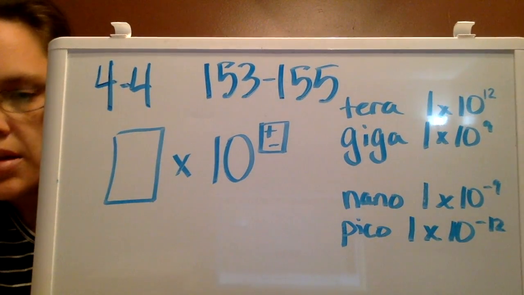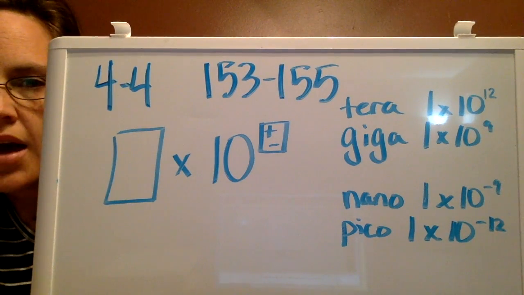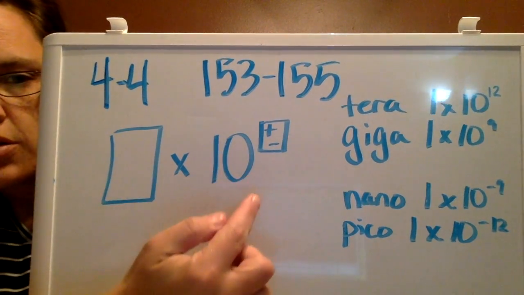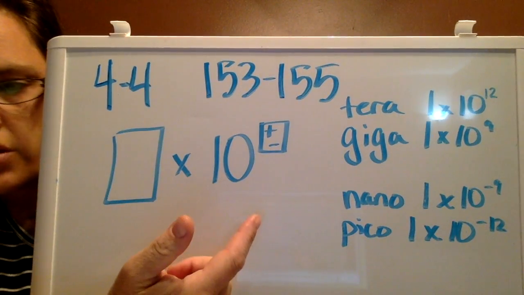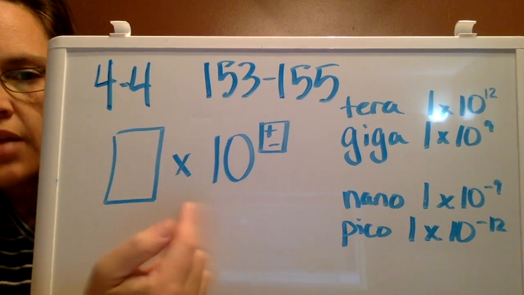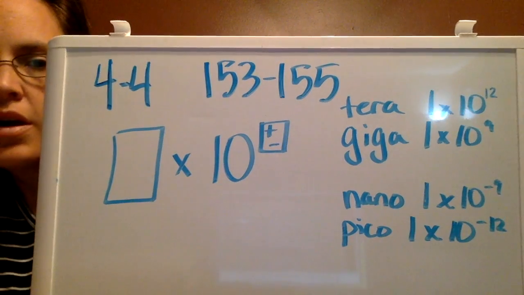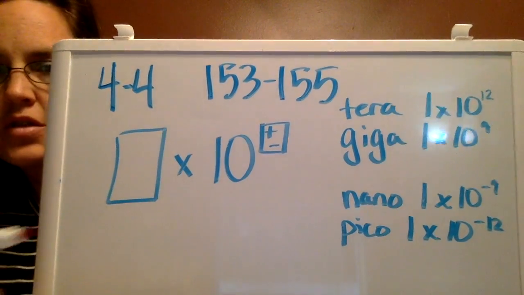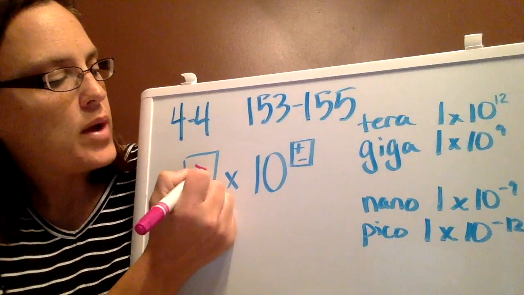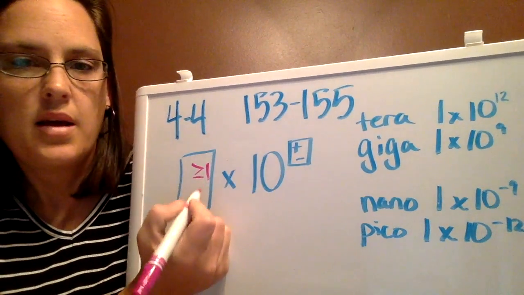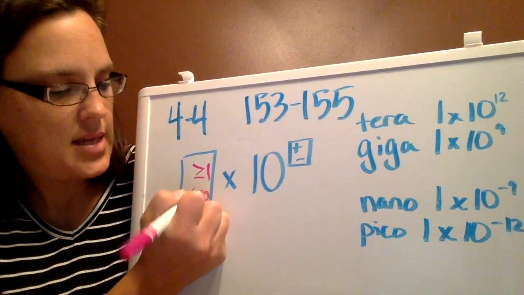So as far as my one sheet goes, I added this little visual reminder that scientific notation is always in the format of a number times 10 to the power, and remembering that that first number has to be greater than or equal to 1, but also less than 10.